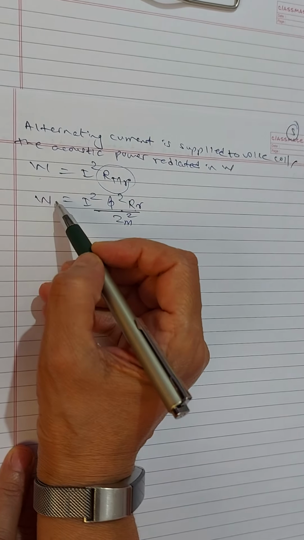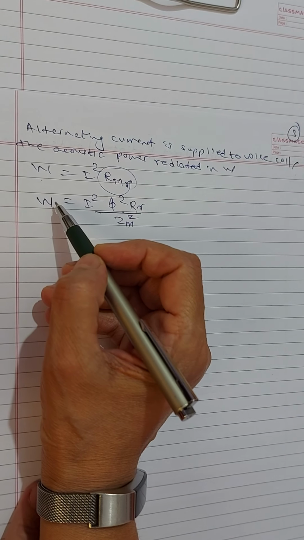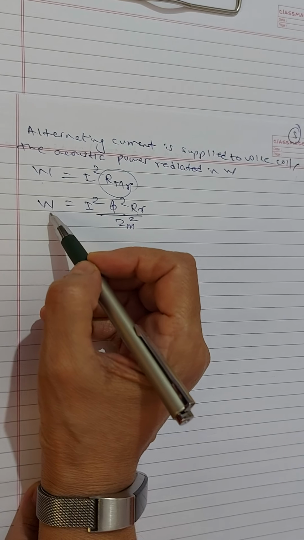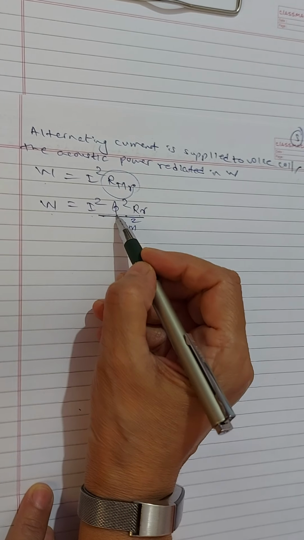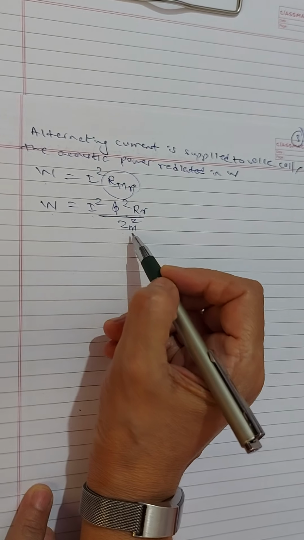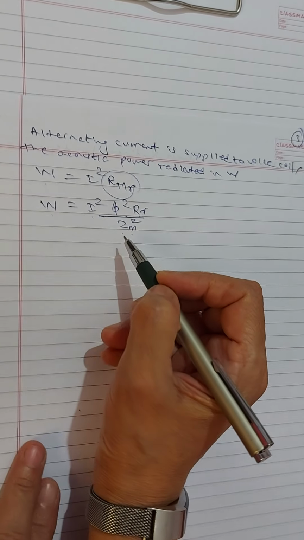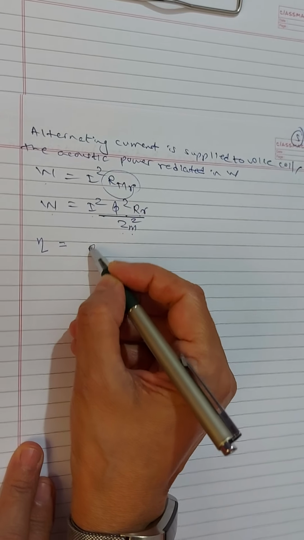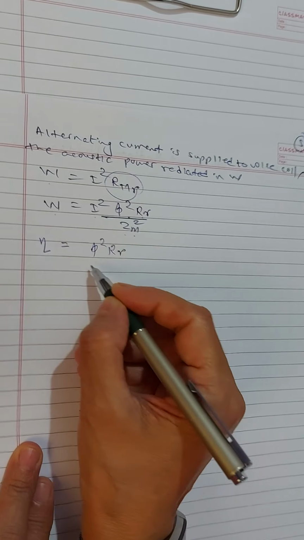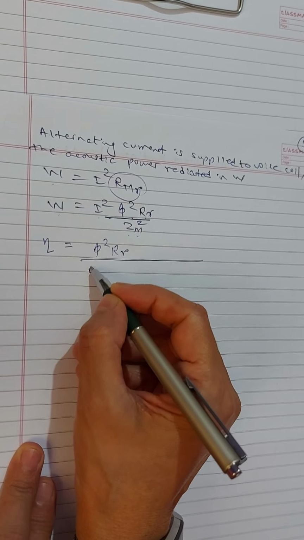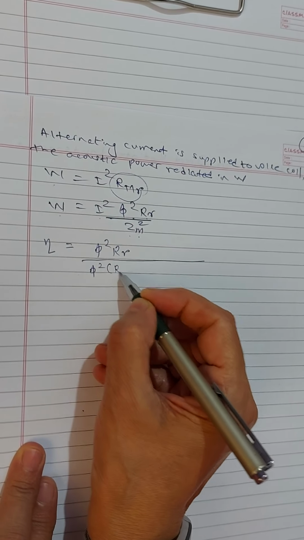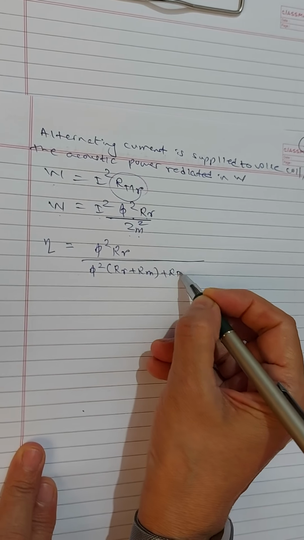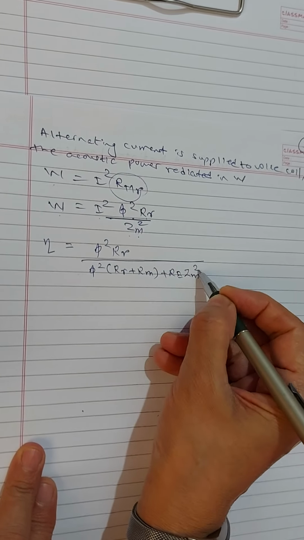The formula we got yesterday for the acoustic power W is equal to φ² RR I² by Zm². Along with that, we have a formula for efficiency, which is φ² RR divided by φ² RR plus RM plus RE Zm².